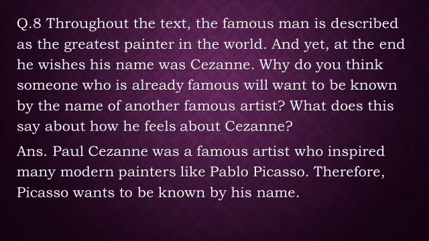What does this say about how he feels about Cézanne? And the answer is, Paul Cézanne was a famous artist who inspired many modern painters like Pablo Picasso. Therefore, Picasso wants to be known by his name.